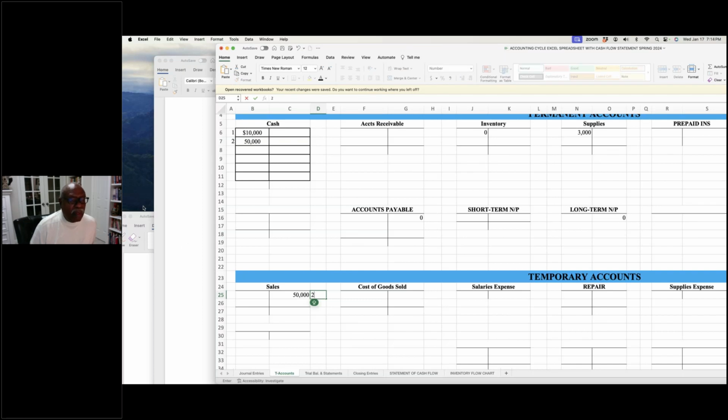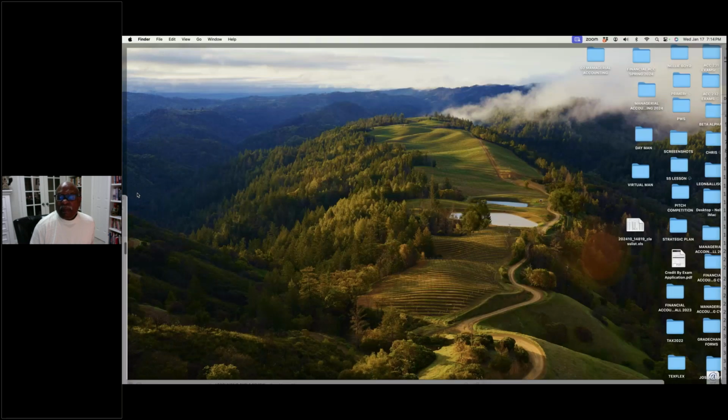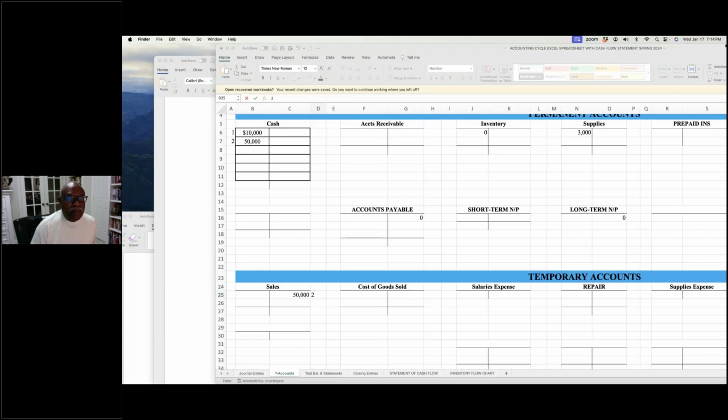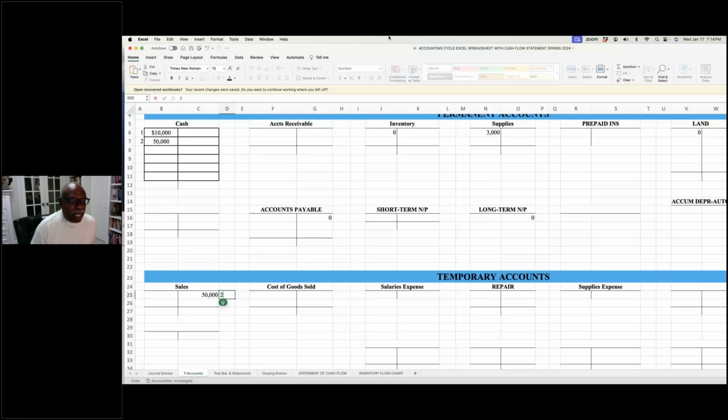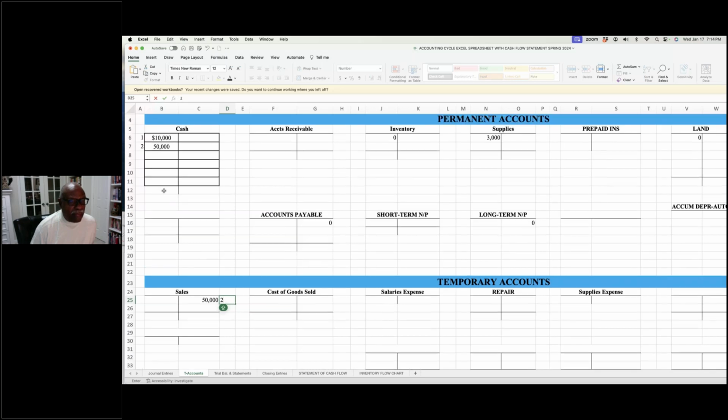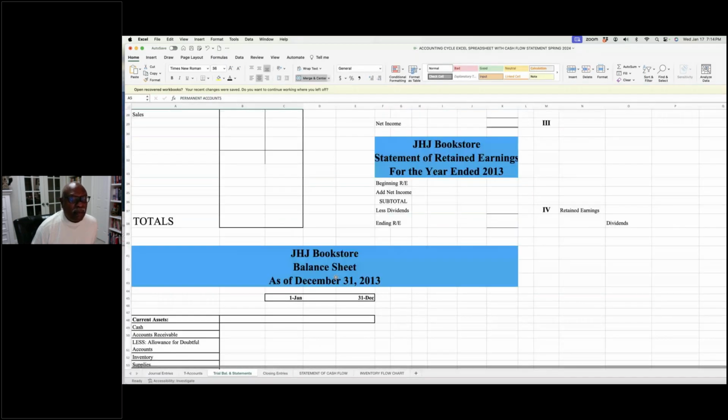So your job next time is to get everything posted to the ledger. Then get your balances, what your debits are, what your credits are, and put your amount on the side of the ledger. Then you're going to come in here and do a trial balance for me.